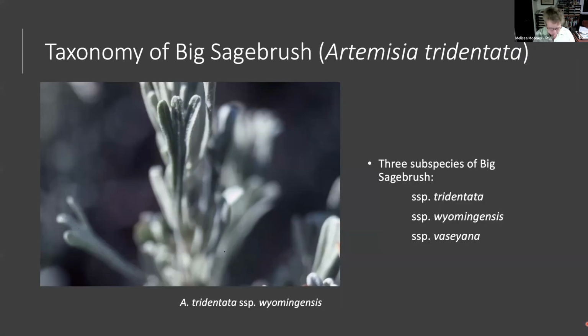And now let's talk about the taxonomy of big sagebrush, Artemisia tridentata. And the reason it's called tridentata is, of course, because of these 3 tridentate leaves at the top. Now I'm going to throw at you 7 or 8 factoids about sagebrush, one of which is that all of the subspecies of Artemisia tridentata support sage grouse.